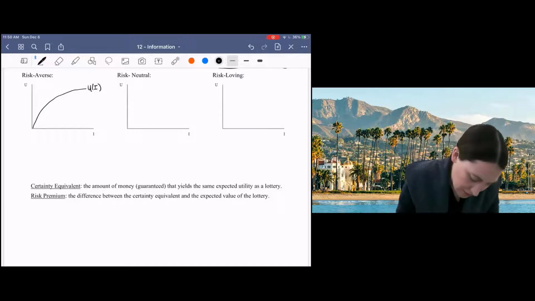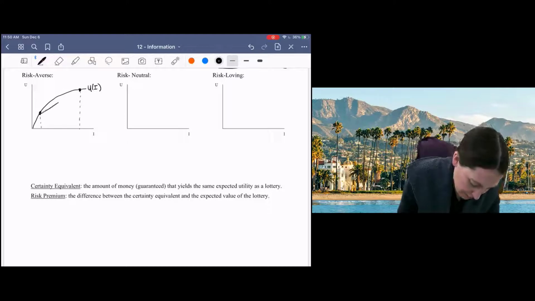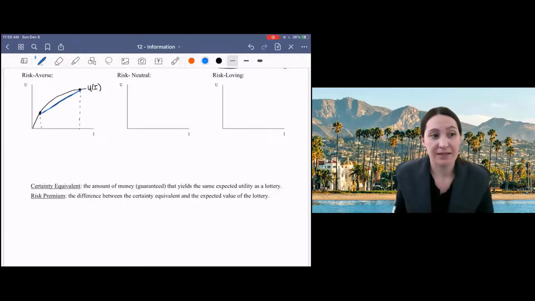and that means that when we have a lottery, okay, we have, say, two potential outcomes and some probability that each occurs, then the utility of the expected value will be greater than the expected utility.